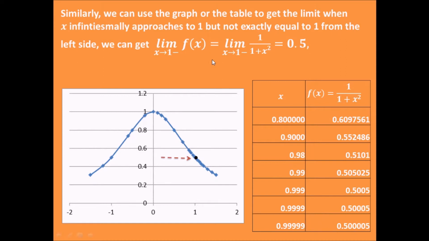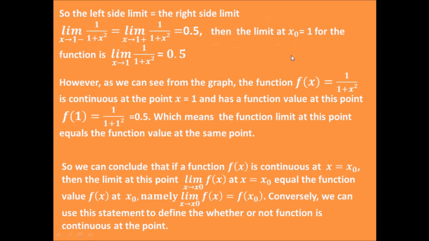So we get the left side limit 0.5. Now, as you can see, the left side limit and the right side limit are both 0.5, so the function limit at the point x equals 1 is 0.5.